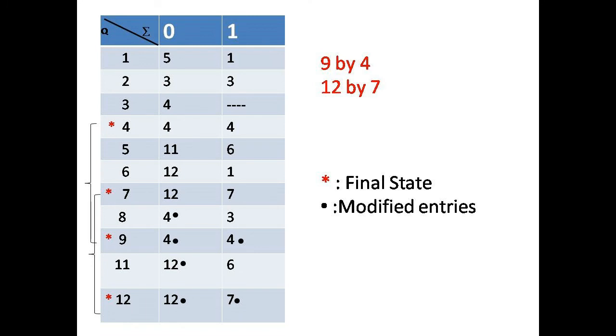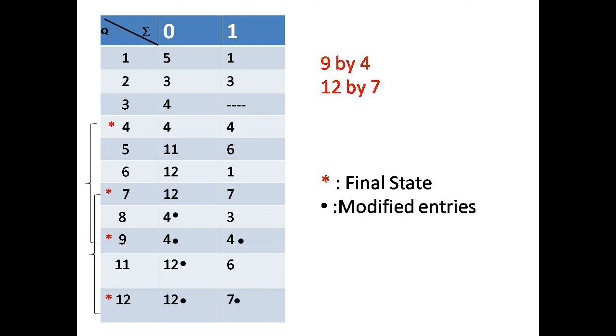After replacement, and now using only new labels, the transition table for the resultant DFA will look like the table. The star represents the final states and the black circle indicates the modified entries due to replacement.